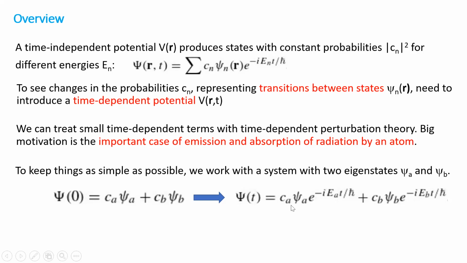Okay, so this is, again, without a time-dependent perturbation. So it's an example of this first wave function here, where we have two states, psi A and psi B with Ca, Cb. And with two states, we know the total probability should be 1, and the probability of state A is Ca squared. The probability of state B is Cb squared. So those must total to 1. Okay, so this is kind of our setup.